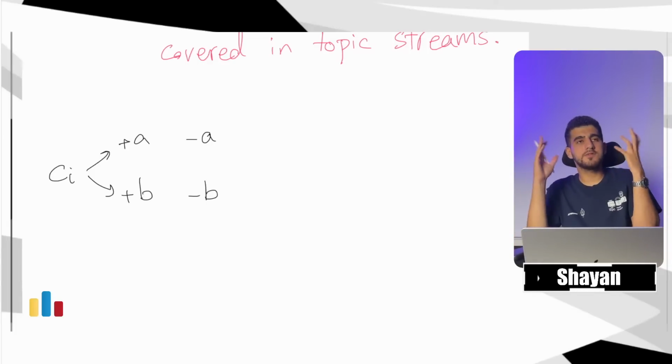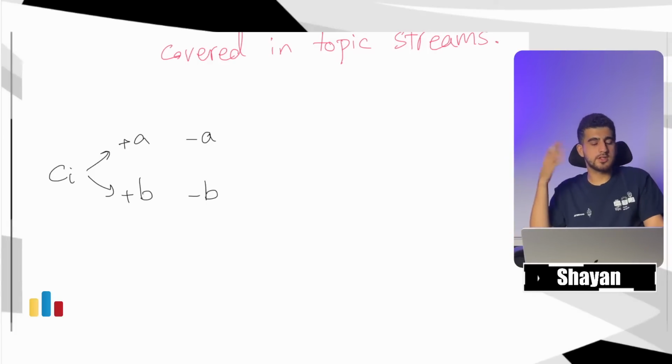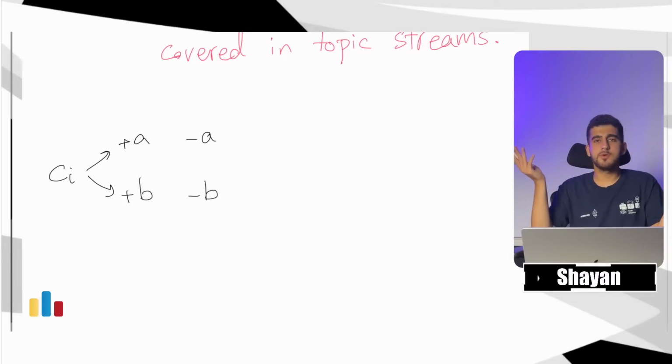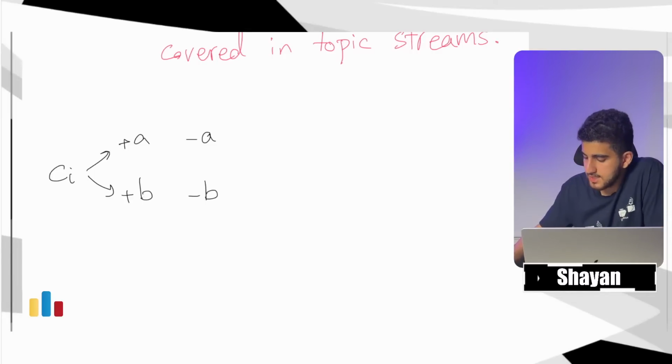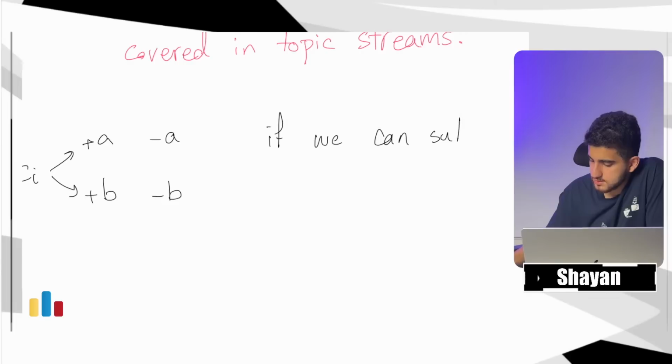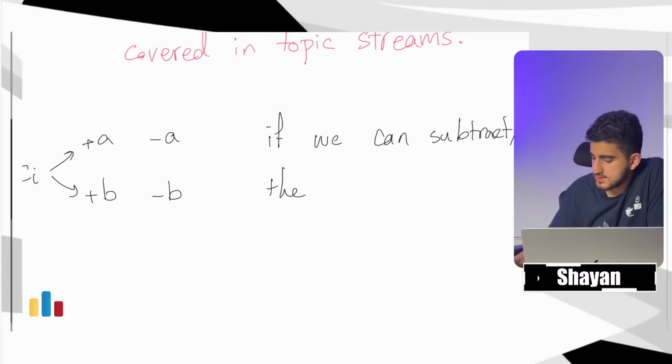Because you can see the maximum number of times that you subtracted something, you can shift everything upwards so that all the numbers become non-negative, and still the difference between the maximum and minimum wouldn't change. So if we can subtract, the final answer wouldn't change.